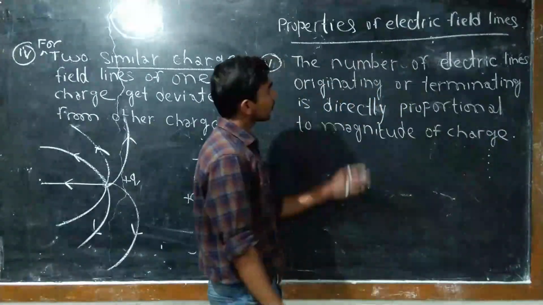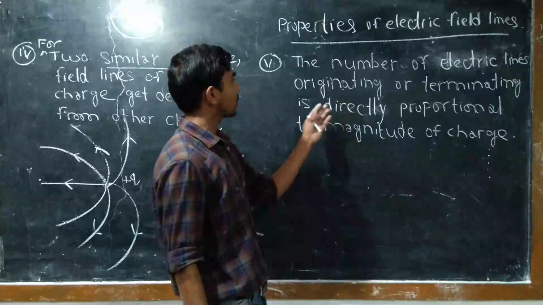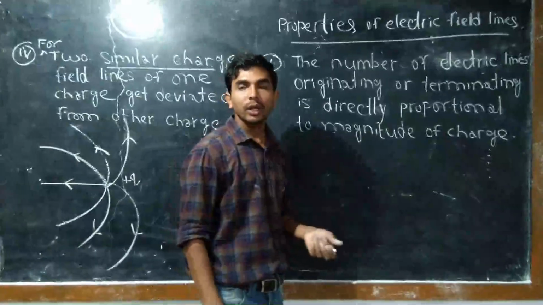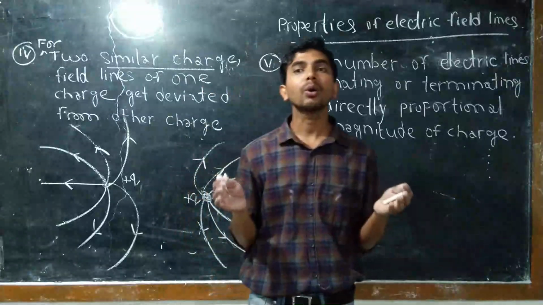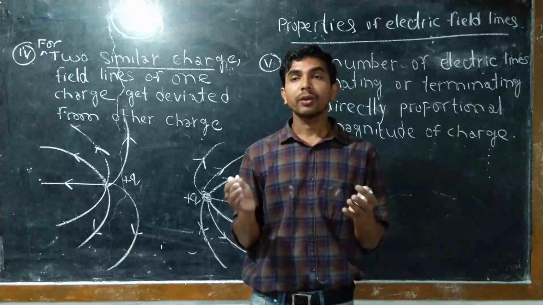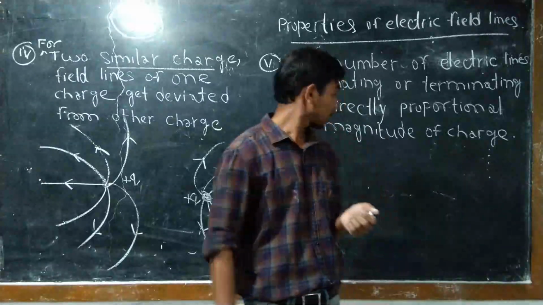Right. So number of electric field lines originating or terminating is directly proportional to magnitude of charge, right? If the amount of charge is greater, then electric field lines will originate or terminate more, right?